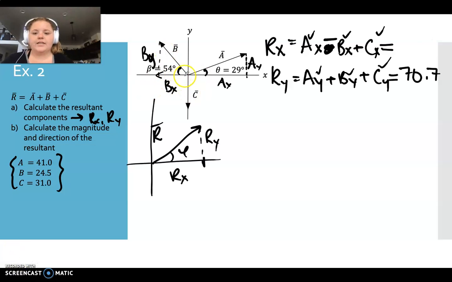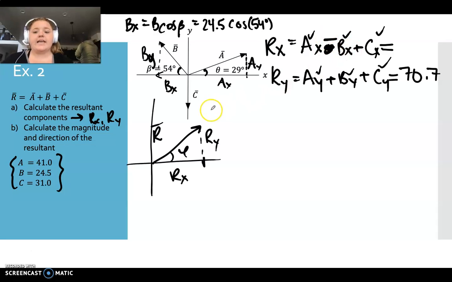Okay, so quickly recalculating this because I erased it. Our b sub x is going to be b times cosine of beta. So b was 24.5, cosine of 54 degrees.